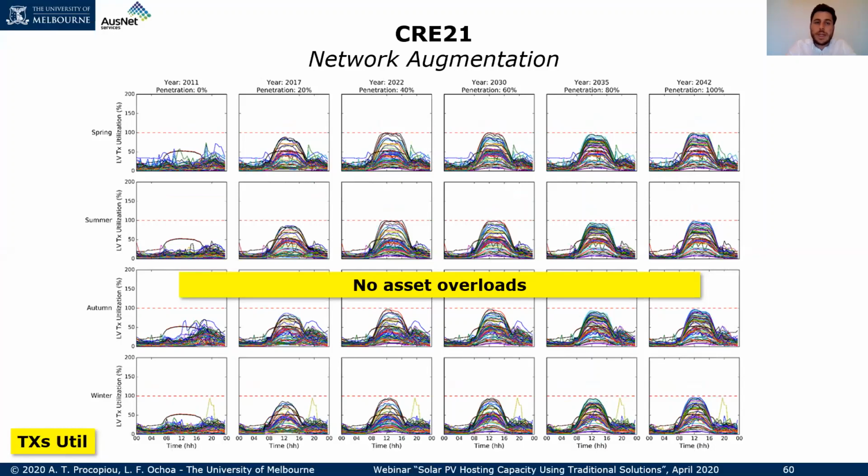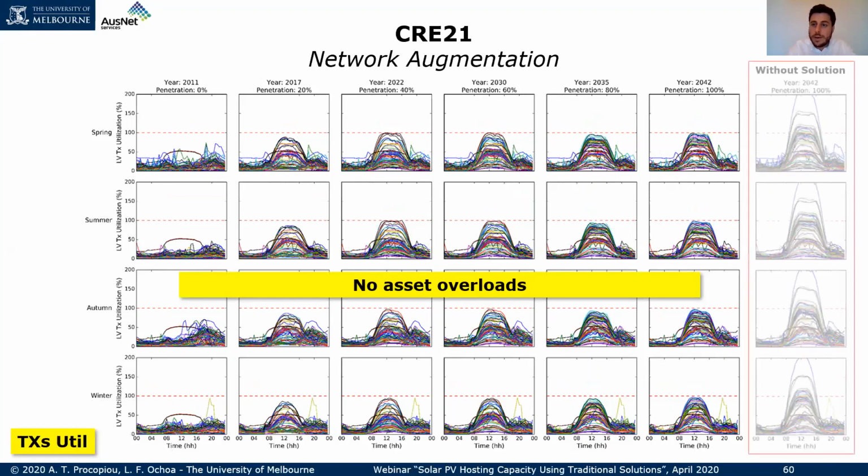Now, the huge benefit here is when we actually focus on the utilization of the assets, where in this particular case, if you remember with the previous analysis, we had a significant amount of transformers being overloaded, and now these ones are never being utilized higher than their rating, because you have replaced them with higher capacity transformers.